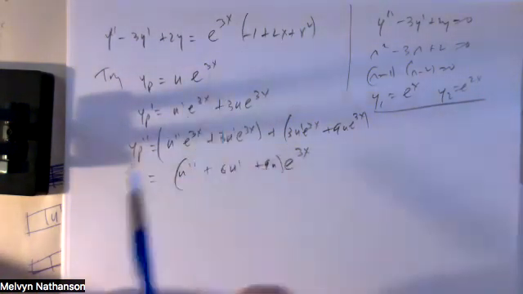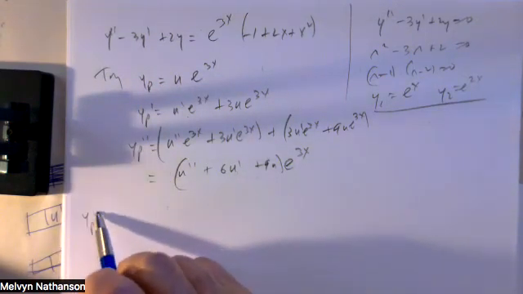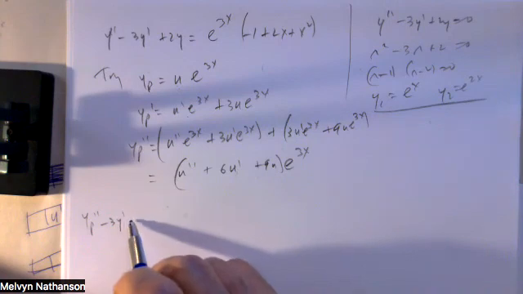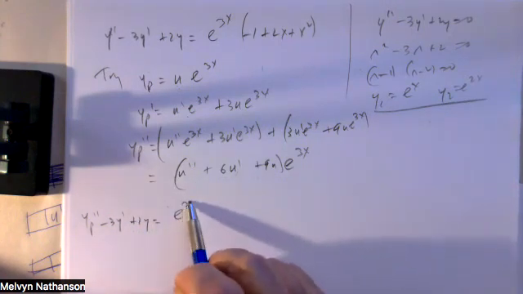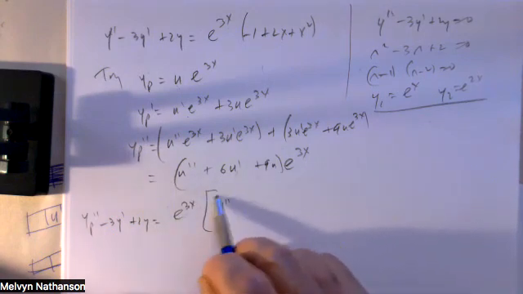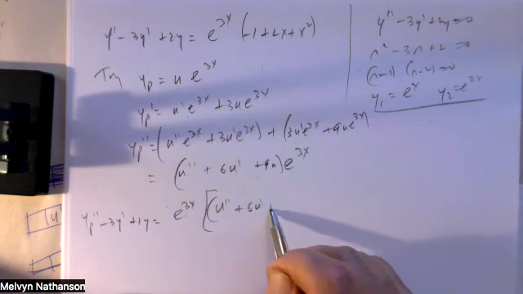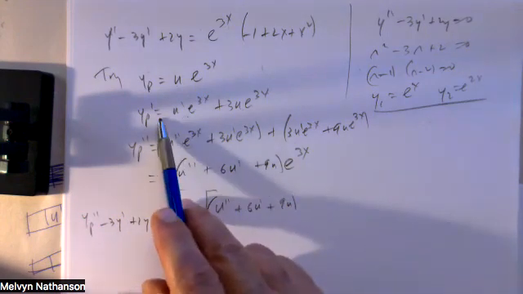So if we plug this into the left-hand side of this equation, yp double prime minus 3y prime plus 2y, that's e to the 3x times this, minus 3 times yp prime.